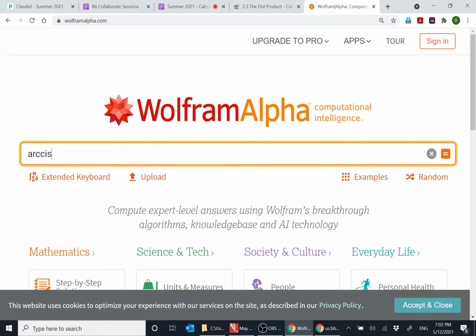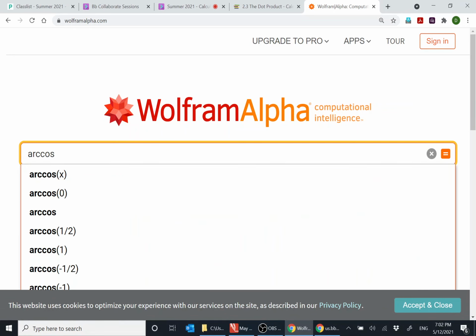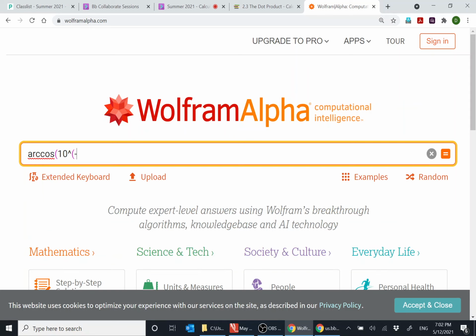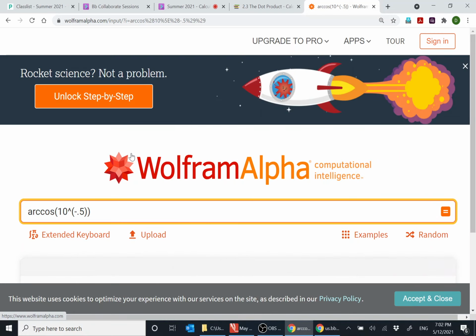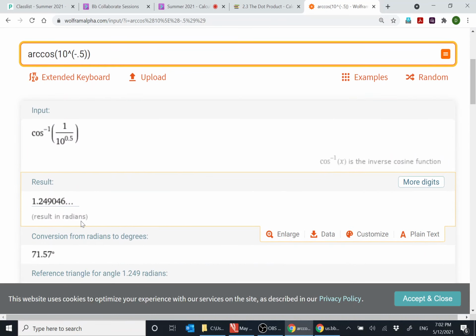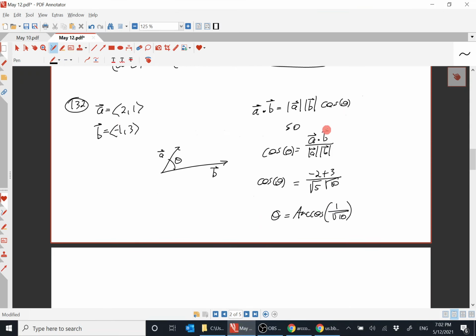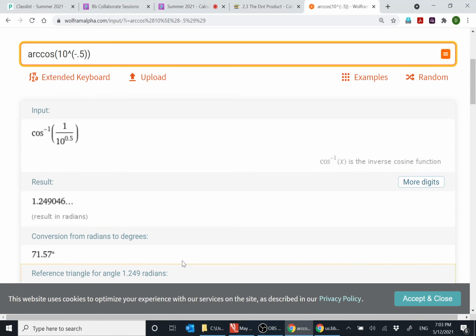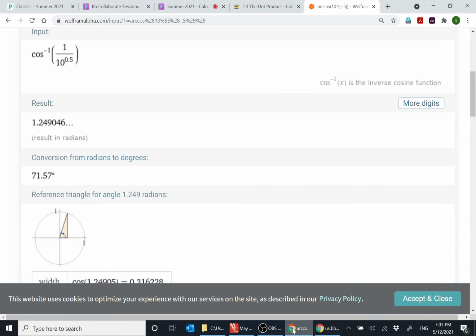So arc cosine 1 over the square root of 10, so approximately 1.25 radians, which in degrees is 71.57 degrees.